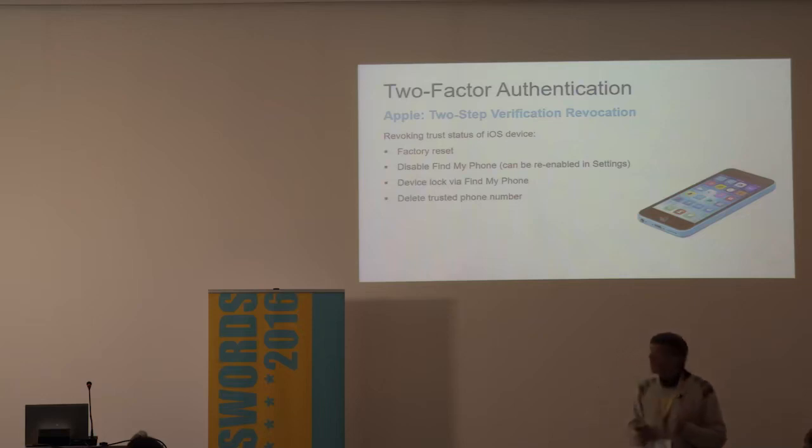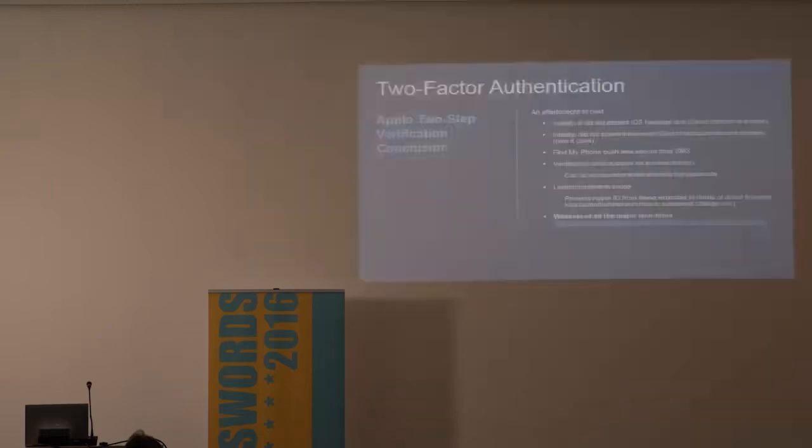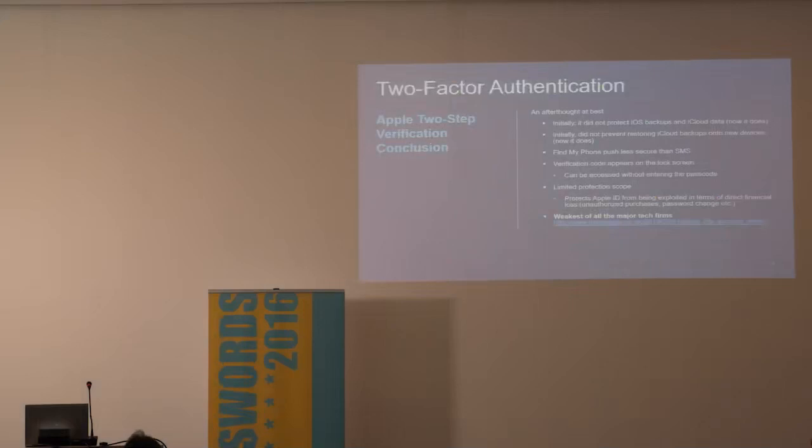So as you can see, two-step verification uses two different methods for delivering single-use codes. Both are extremely insecure. So this whole scheme can be characterized as better than nothing. And it's not much better than nothing, unfortunately. It was named as the weakest of all the major tech firms' two-factor authentication schemes by the Register. And it was back in 2013.